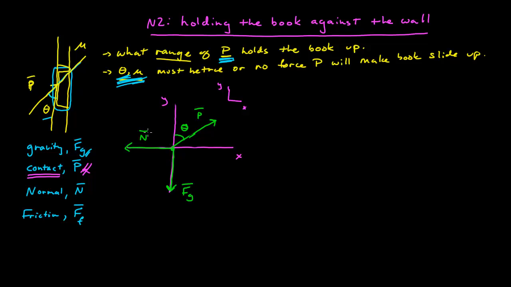Well, what direction would it move? Well, that depends. It depends on the strength of the pushing force. If the pushing force were really small, not enough to hold up the book, and there were no frictional force, it would fall. But if the pushing force were really strong, and there were no frictional force, then the book would slide right up.